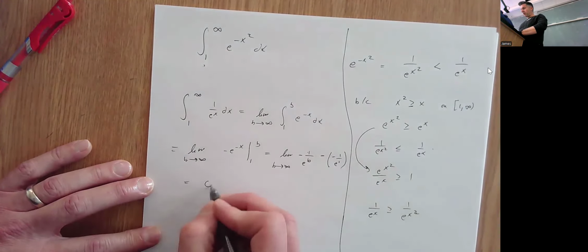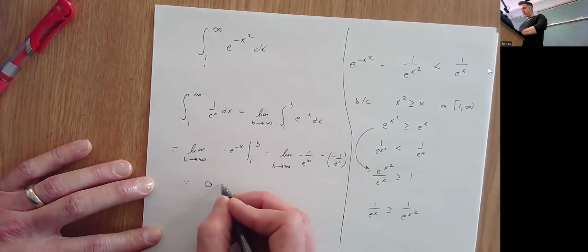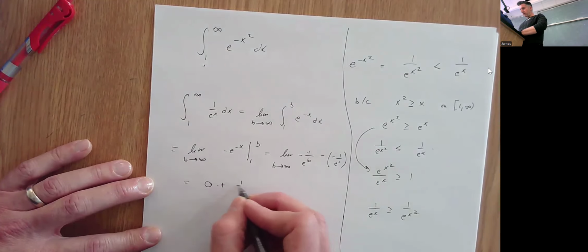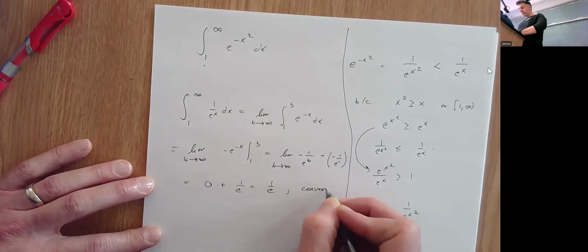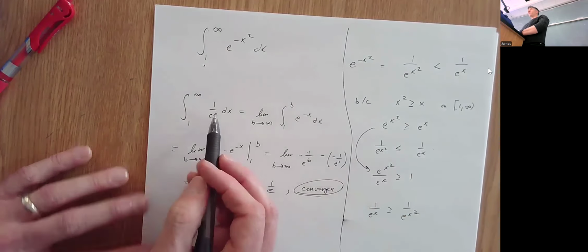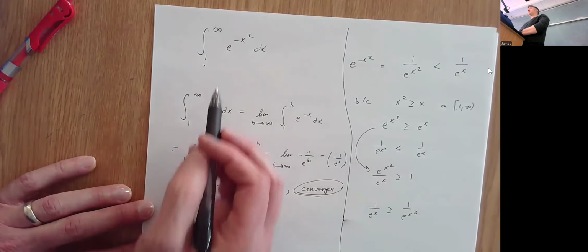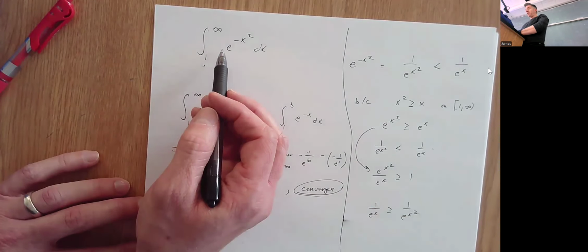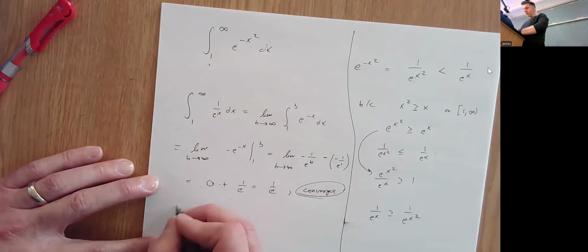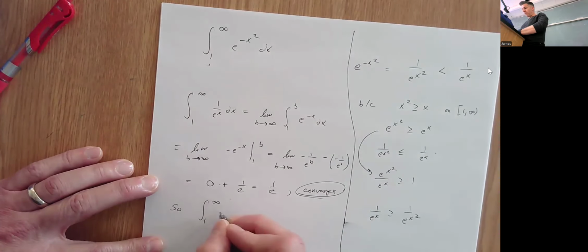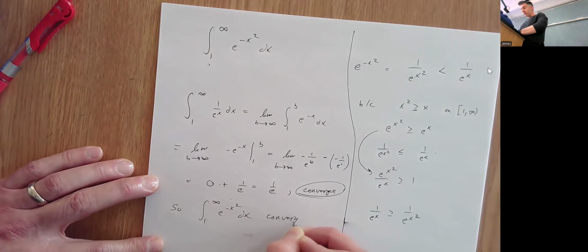So I end up getting 0 minus, so plus 1 over e, which is 1 over e, which converges. So since this integral is convergent, and this integral's function is smaller than that integral's function, this integral also converges. So that means the integral from 1 to infinity of e to the negative x squared dx converges by comparison.